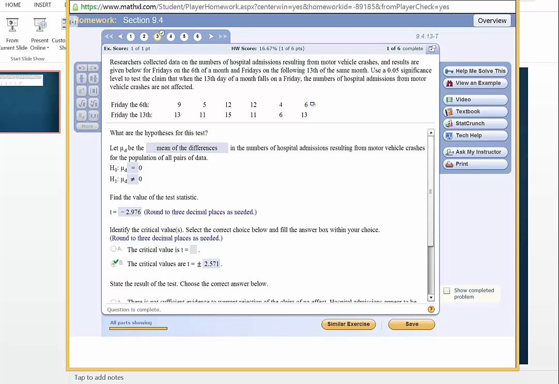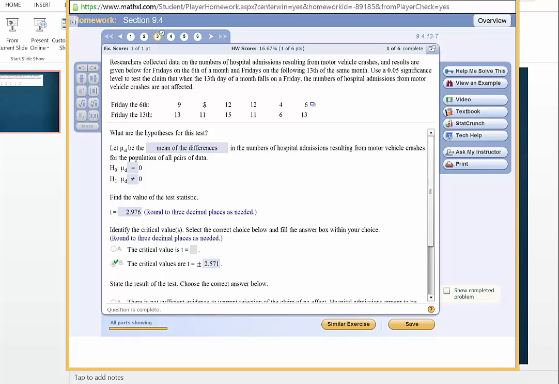Now, this notation, mean of the differences, means that we're going to find the differences between these values because they are corresponding months. So in other words, we've got 9 on the 6th of a month, and then on that very next week, the same month, we've got 13.